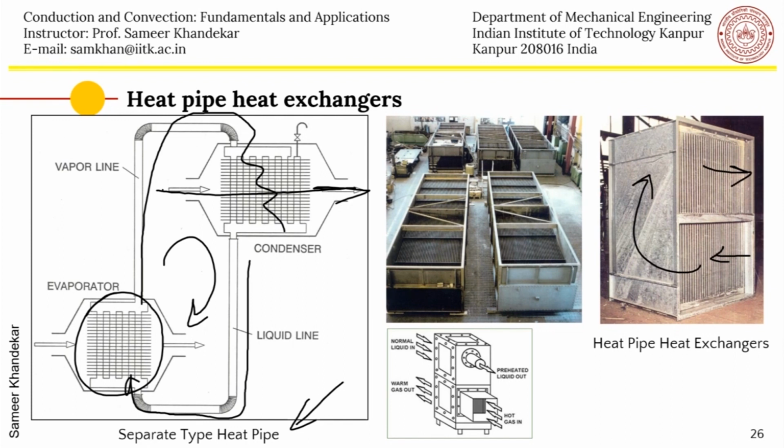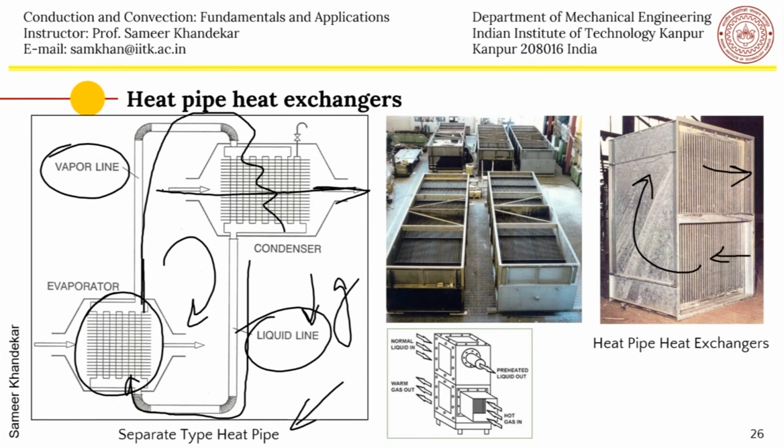Many of them make an array, and this array is properly arranged, so that half of it is in the inlet side and becomes the evaporator, and the other half becomes the condenser, and heat transfer can take place from the evaporator to the condenser.